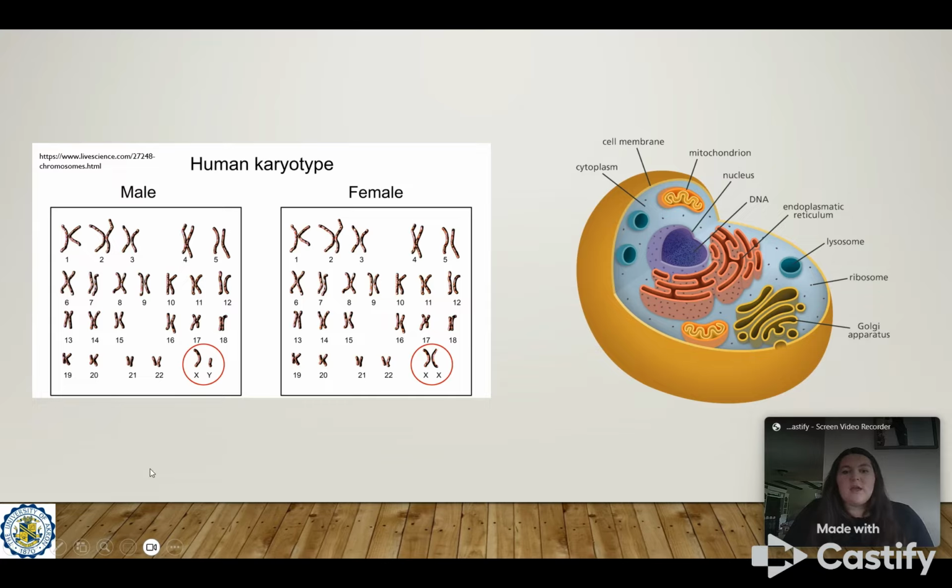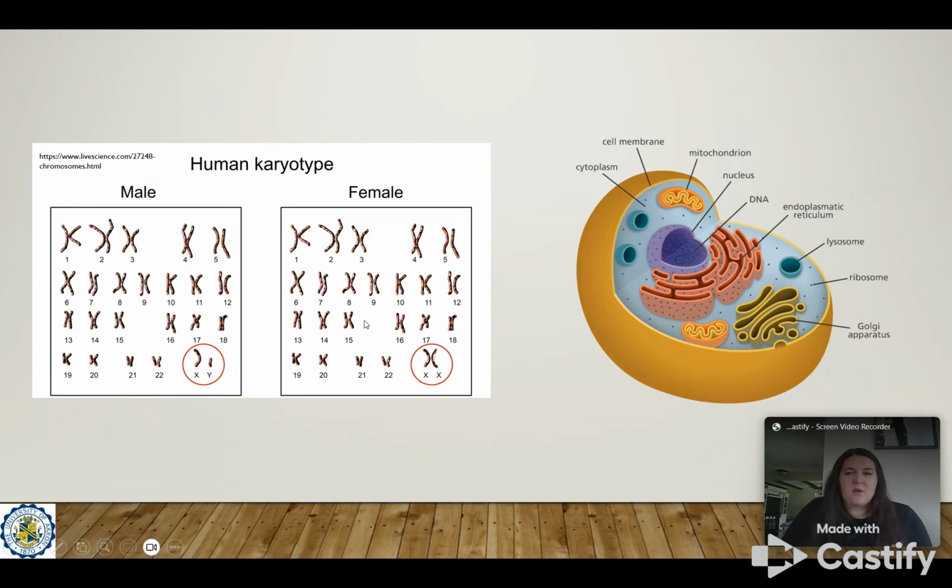So chapter 1 gets into all about what makes up humans, what makes up us. And it talks about how our human karyotype is made up of 23 pairs of chromosomes. The male chromosome breakdown is here and the female chromosome breakdown is here.